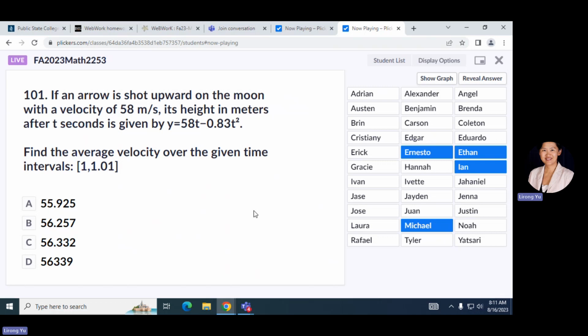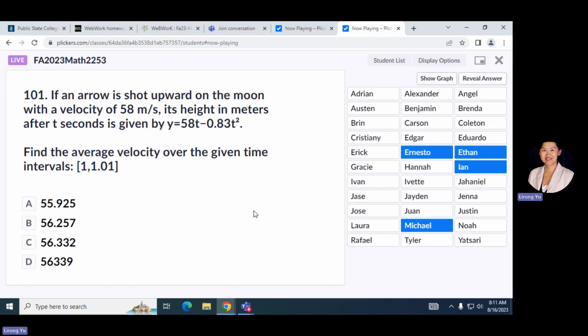So you calculate the y value at 1. That's 58 minus 0.83, which is 57.17. That one I can just subtract since t equals 1. The second one you have to look at in detail: at 1.01, what would the height be? Then you subtract and divide to find the slope.